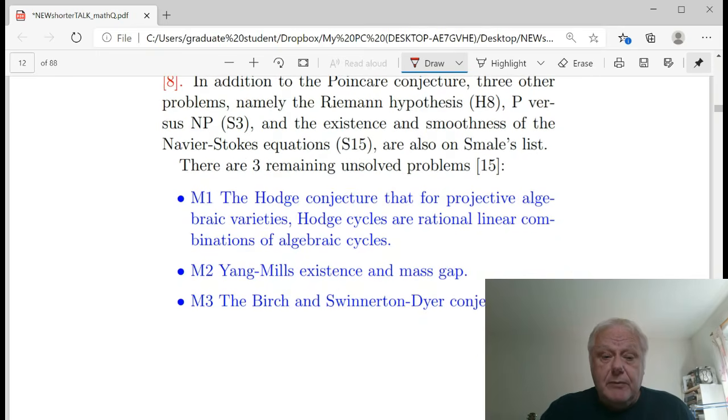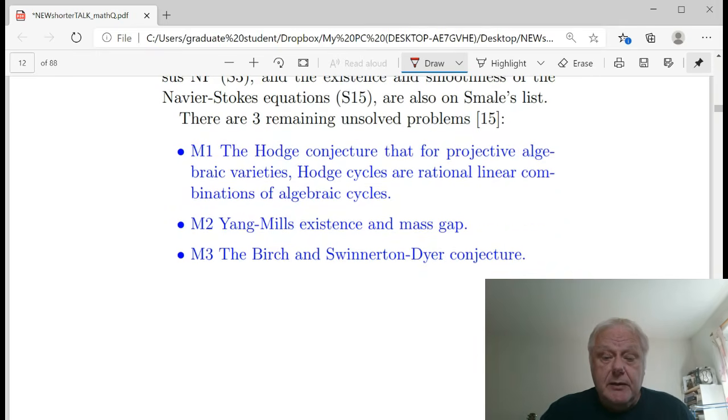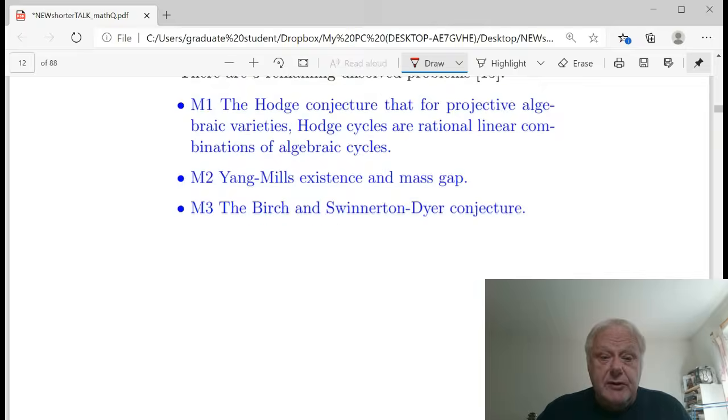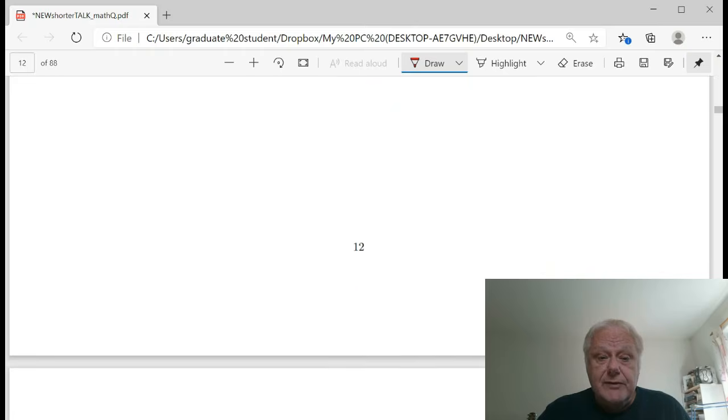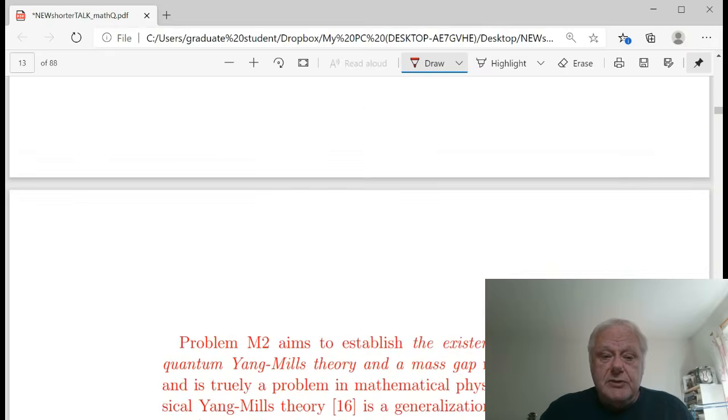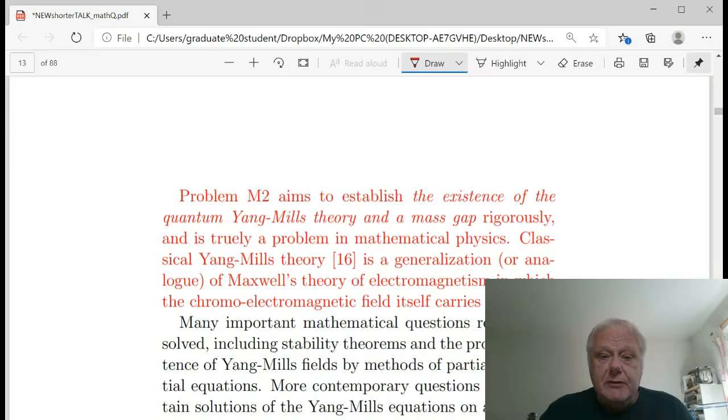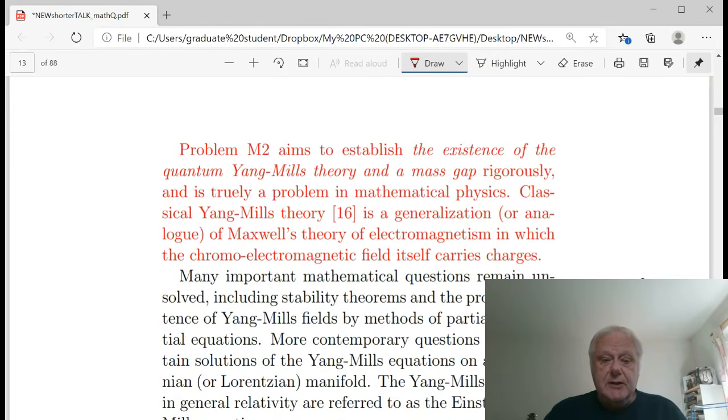M2 is a similar problem to the problem in fluid mechanics, in the sense that there's a theory called Yang-Mills theory, and there's a quantum version of this theory which is well posed and written down in terms of differential equations, and so there will be mathematical questions about the system of equations and of the physical implications.